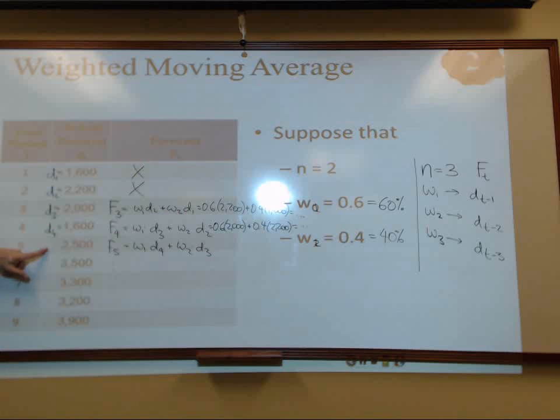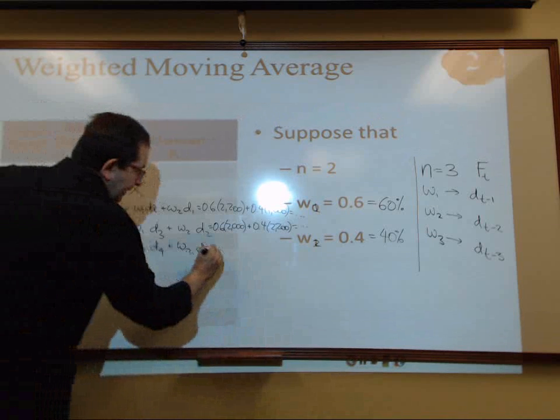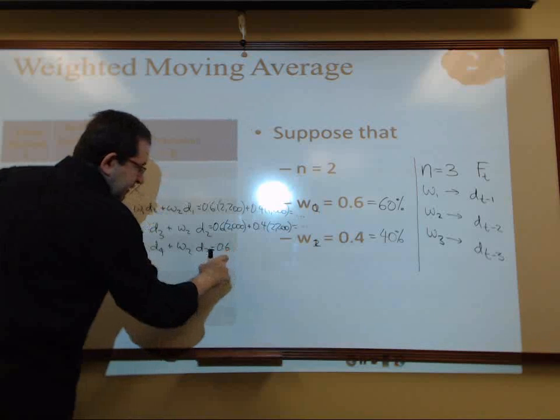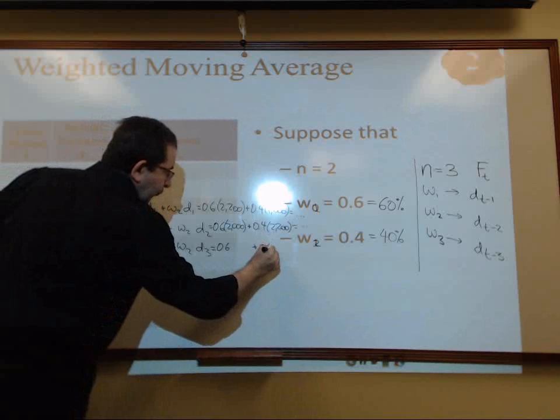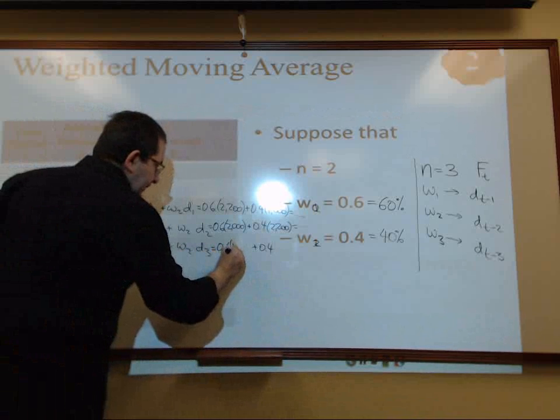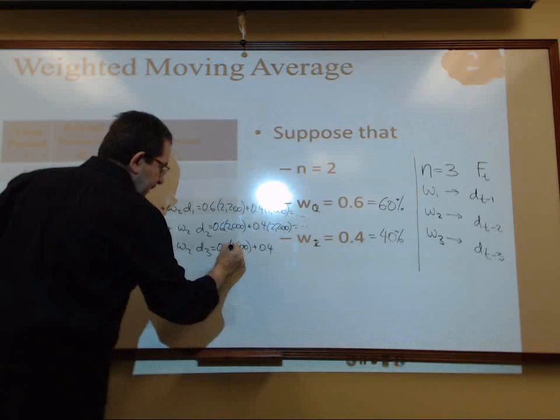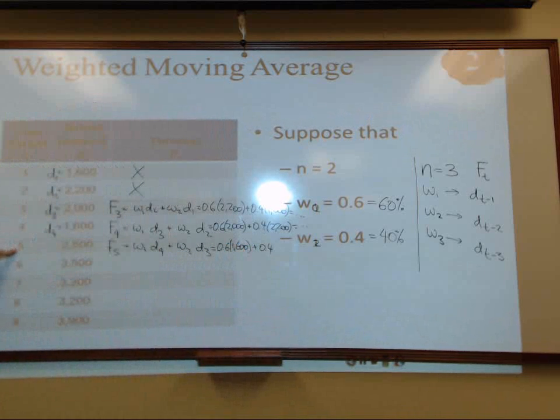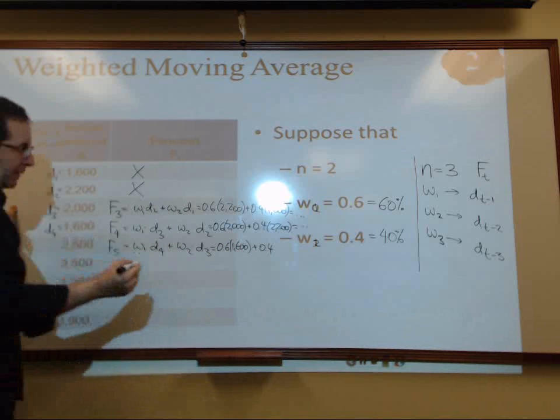And let's do F5. I use D4 and D3. Equals 0.6, 0.4. So most recent demand, D4, is 1,600, and I go back 2 periods, 2,000.